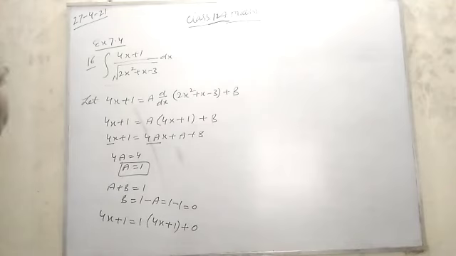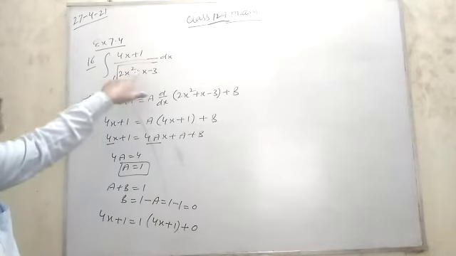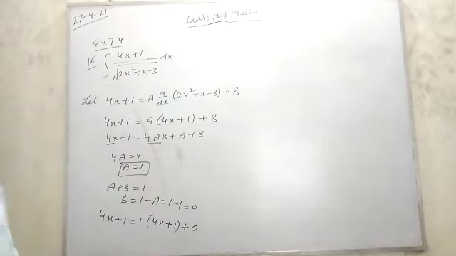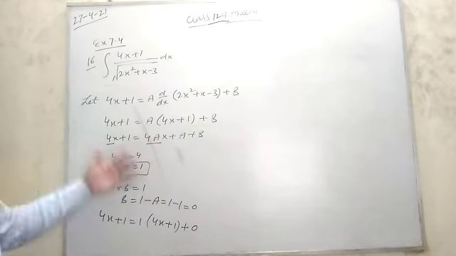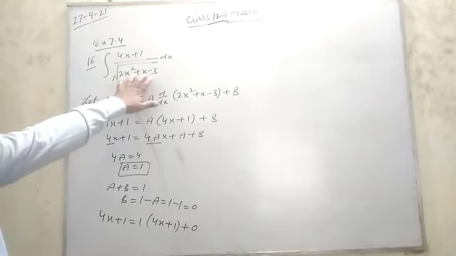Understood? So like this. But here directly we could also do this question by supposing 2x square plus x minus 3 is equal to t. But according to the process, like this. Clear? But all questions cannot be done by supposing this.